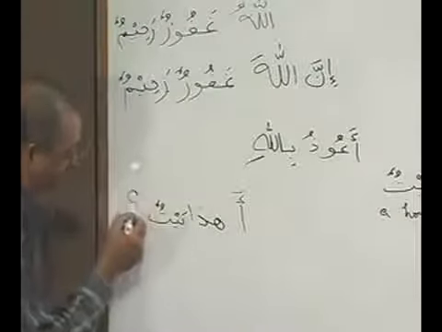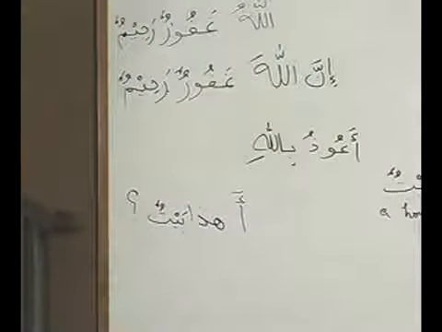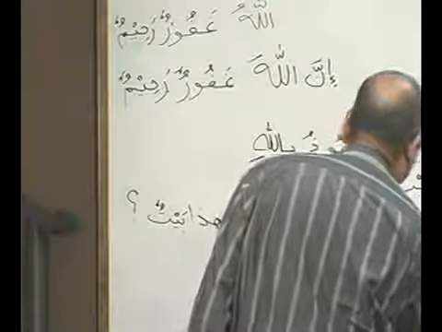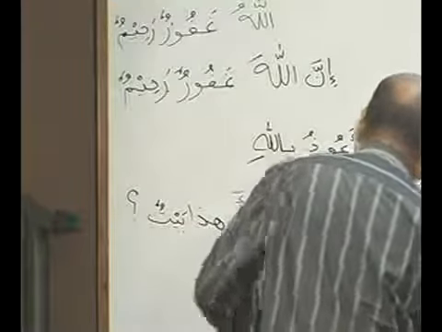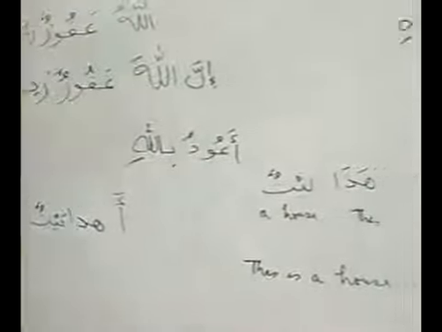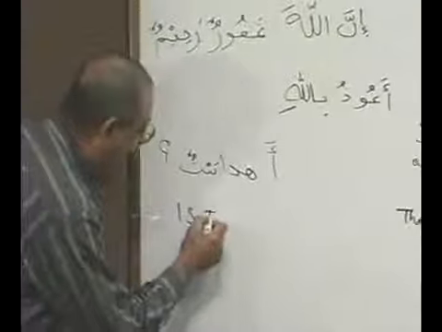But then you will have to put a question mark, and you have to even change your tone. Ahadha baitun? Now you are asking a question, so your tone has changed. Hadha baitun, this is a house. Let me write it down properly. How about here? Is this a house?